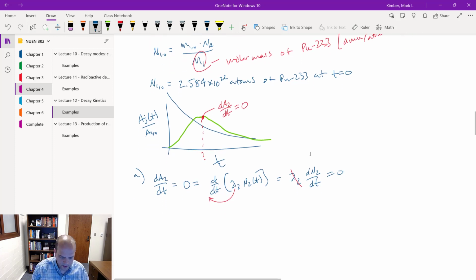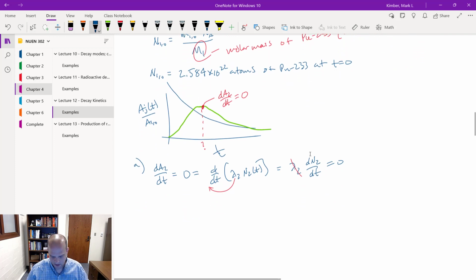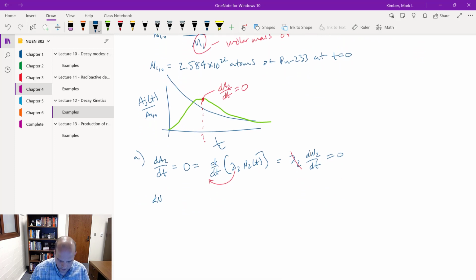So recall from the balance expressions, because this is what we started with when we derived all this, that this is just going to be lambda 1 N1. We're receiving that from isotope number 1, and then decaying down to isotope number 2, we're losing this.